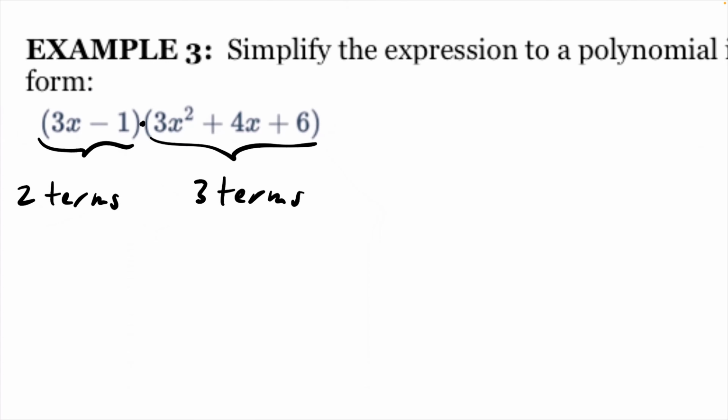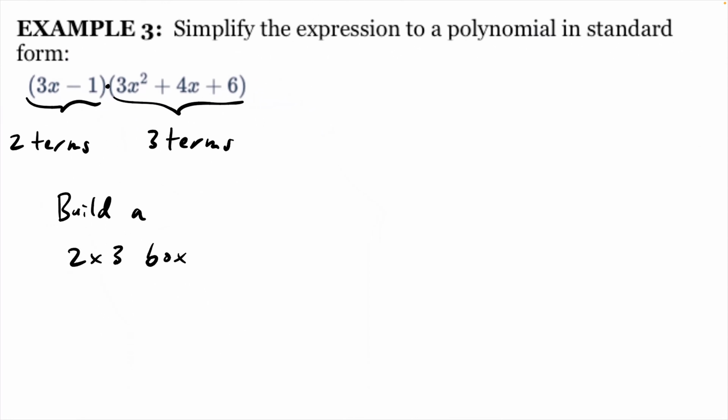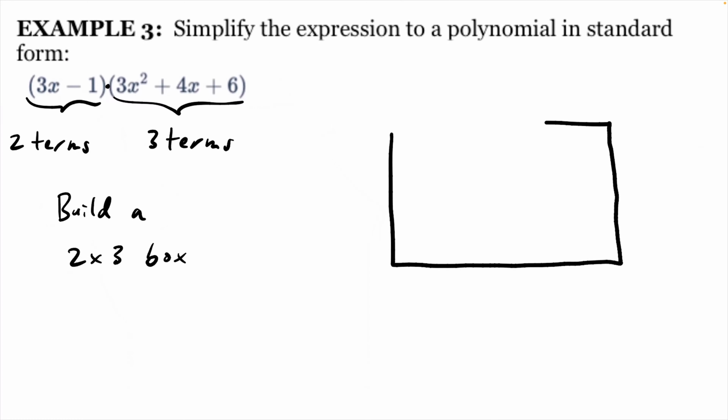So that means I'm going to build a 2 by 3 box. Build a 2 by 3 box, right? So I'm going to build a box with one side being 2 and one side being 3. So how's that going to look? It's going to look like a rectangle. There's the outside.